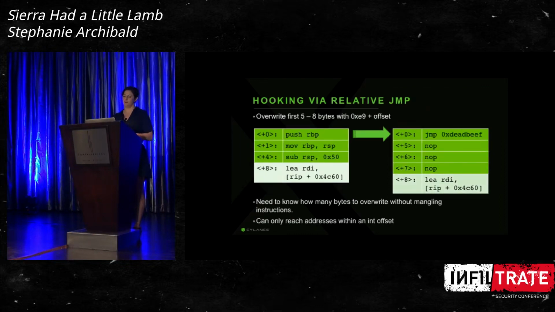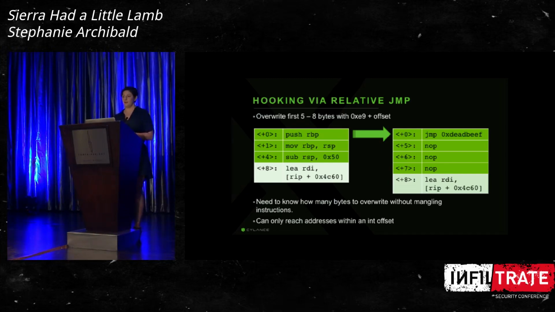So then I think the most common way to do it is just with a relative jump. It's nice because it's only 5 to 8 bytes. You can see on the left-hand side here, we have our basic function prolog: push RBP, move RBP, RSP, and then sub RSP to make room for variables. And here you can see you overwrite that with just a jump 0xdeadbeef or jump whatever address, right?